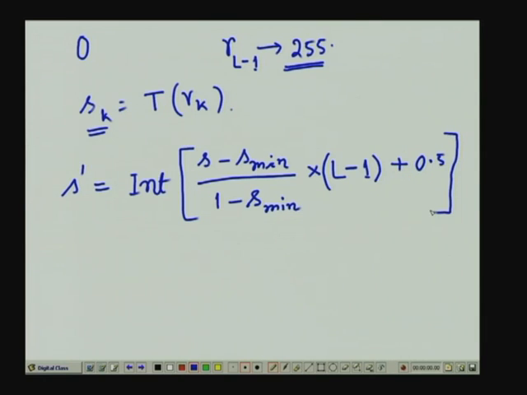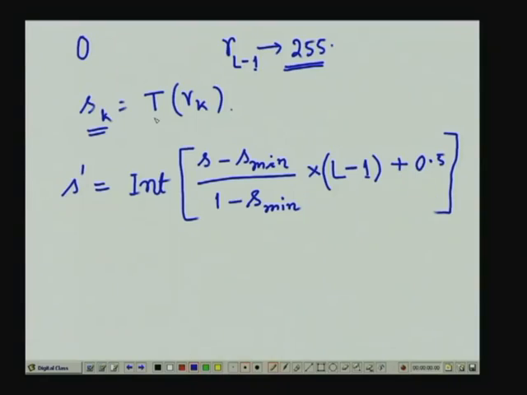So, whatever value of s we get from the transformation s_k equal to T(r_k) has to be scaled by this function to give an intensity level in the processed image varying from 0 to L minus 1, which in our case is 255.